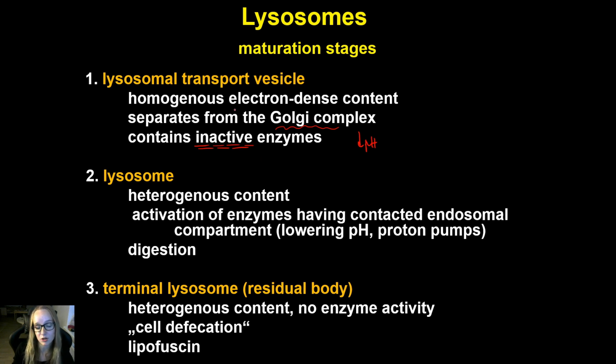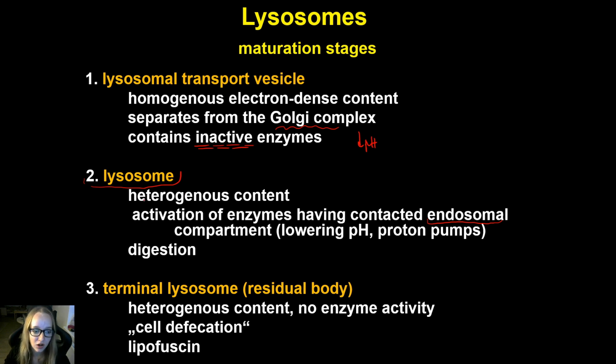Normally they are homogeneous and electron dense. We're going to see that. And when the lysosomal transport vesicle fuses with something called an endosome, it creates a lysosome.